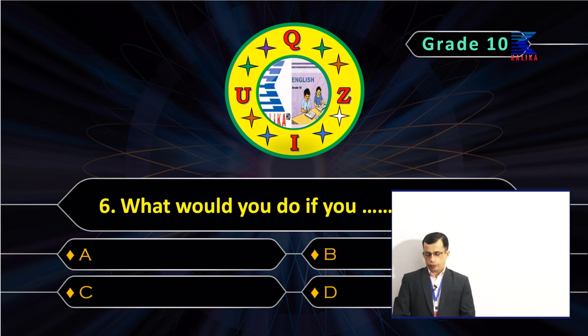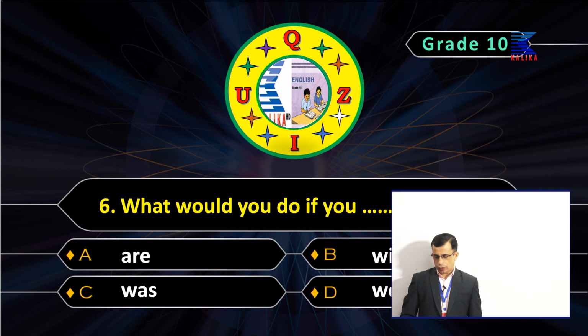What would you do if you ___ the teacher? And options are will be, was, were. These are second conditional type 2.